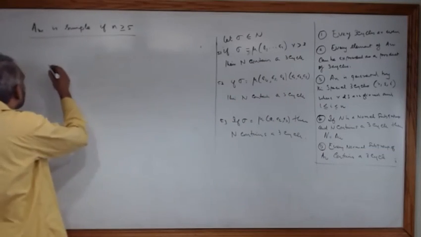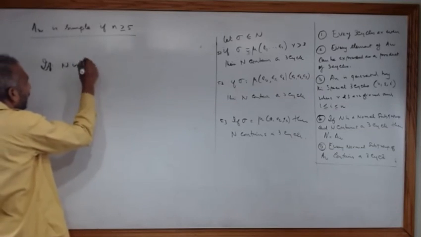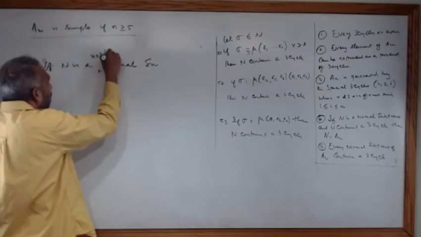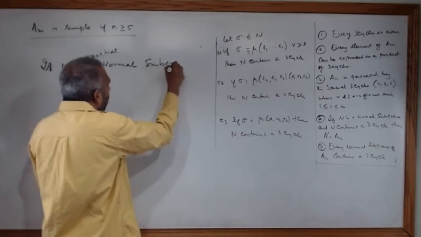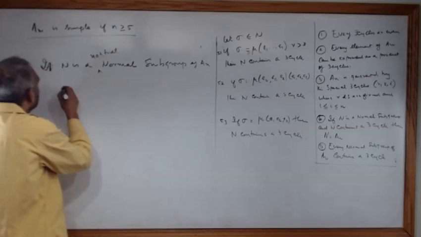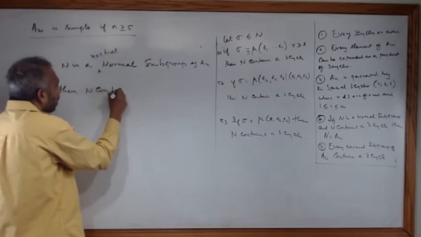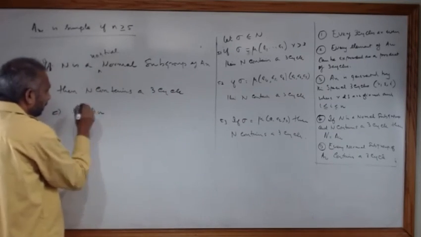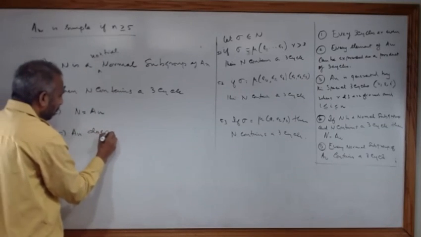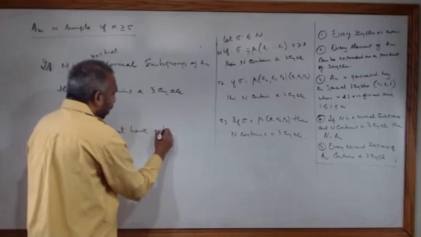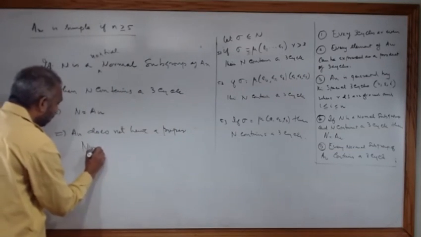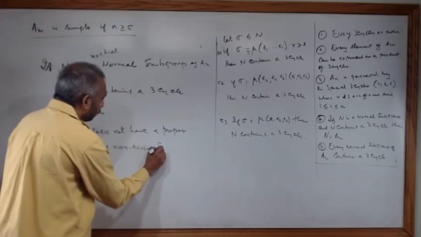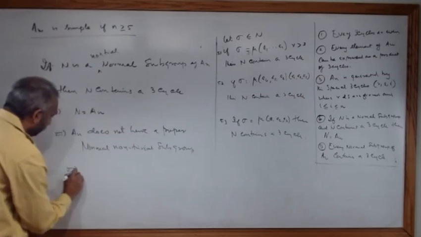So what we are arriving at is, if N is a non-trivial normal subgroup of A_n, then N contains a 3 cycle, and that implies N is equal to A_n, and that implies A_n does not have a proper non-trivial normal subgroup, and that implies A_n is simple.